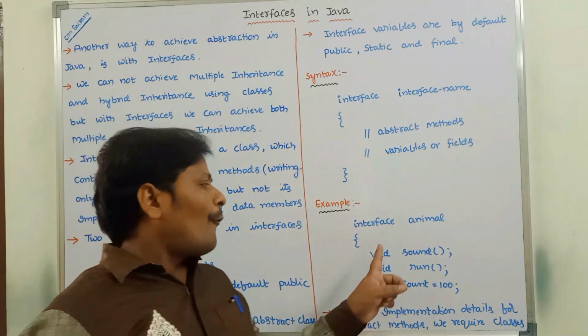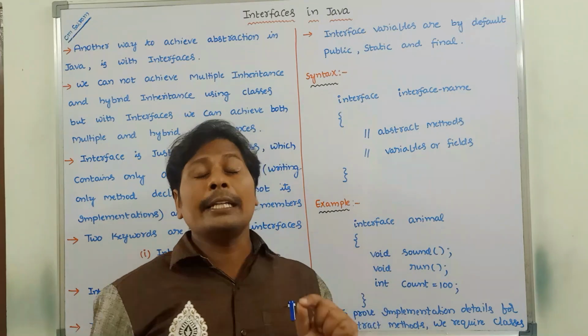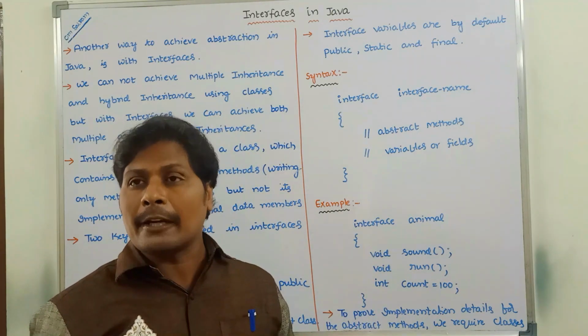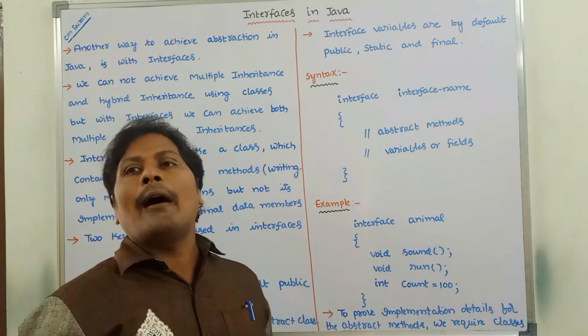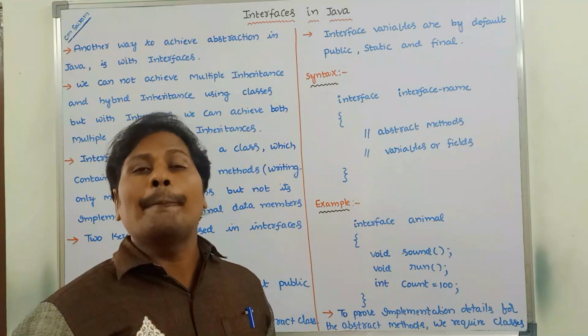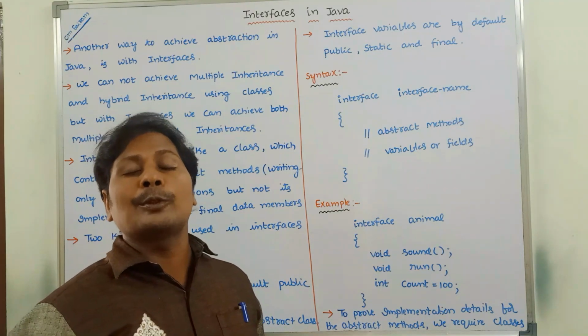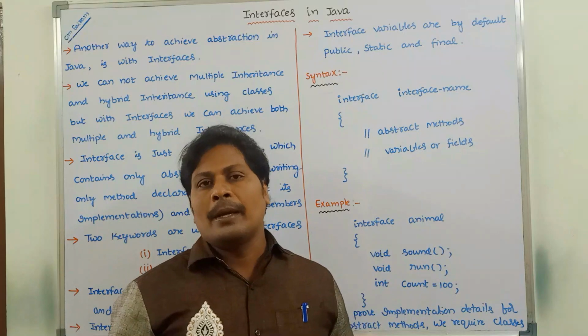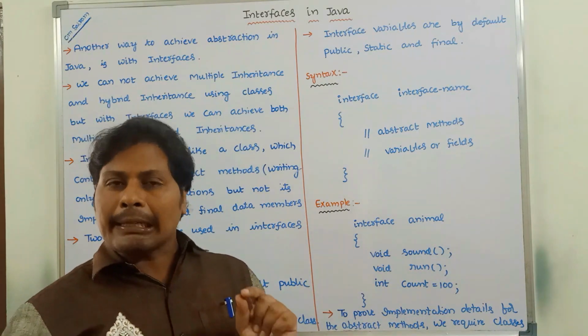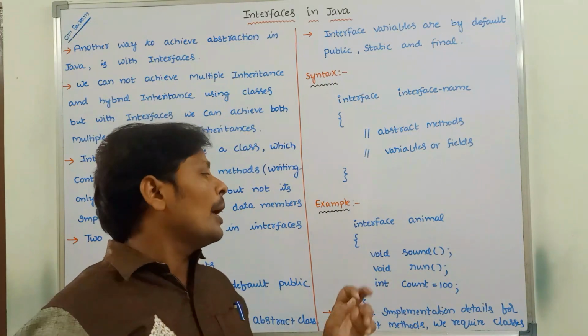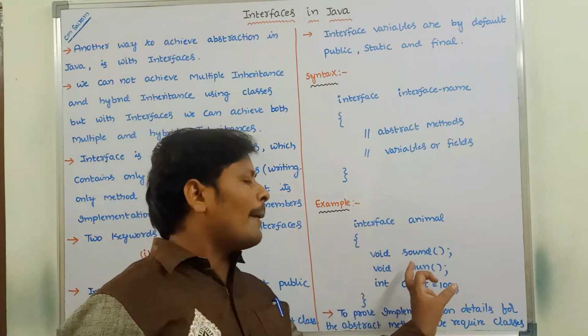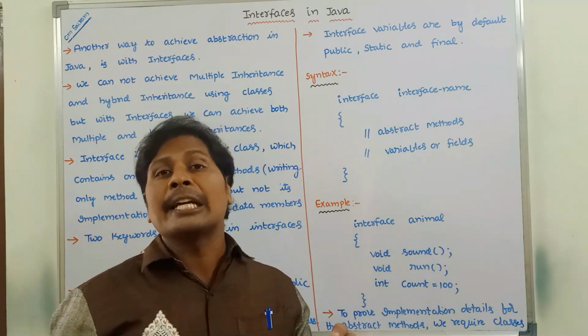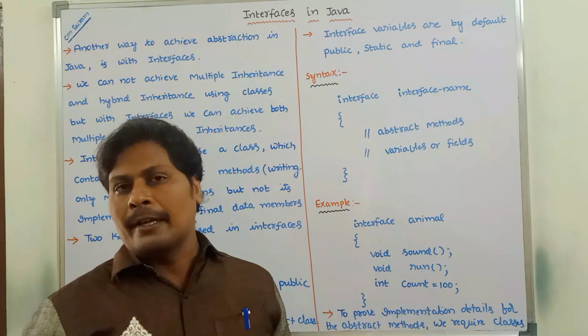Next, whatever methods are present within the interface, to provide the definition or implementation we have to use classes. By using classes, we implement the methods present within the interface.